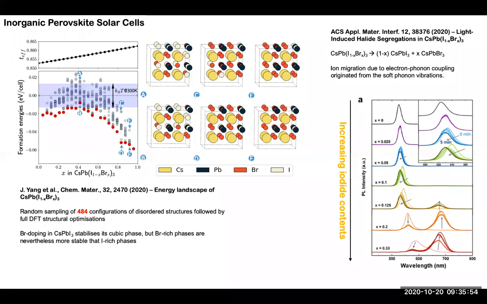However, most solar cells are designed or expected to work in the temperature range of maybe around zero to 50 degrees Celsius. So I think this temperature range is maybe the most important range for a material for solar energy conversion.